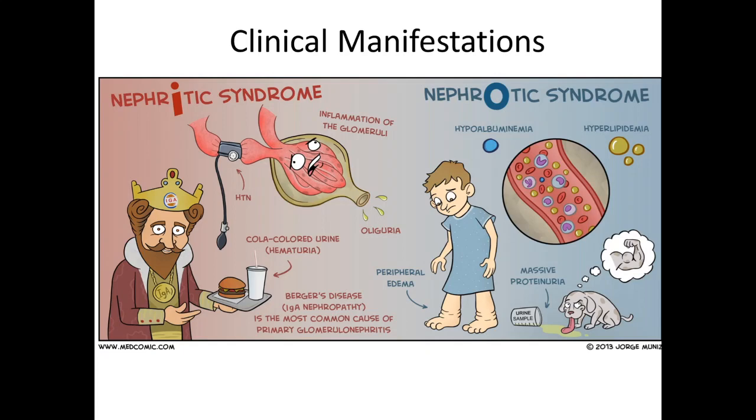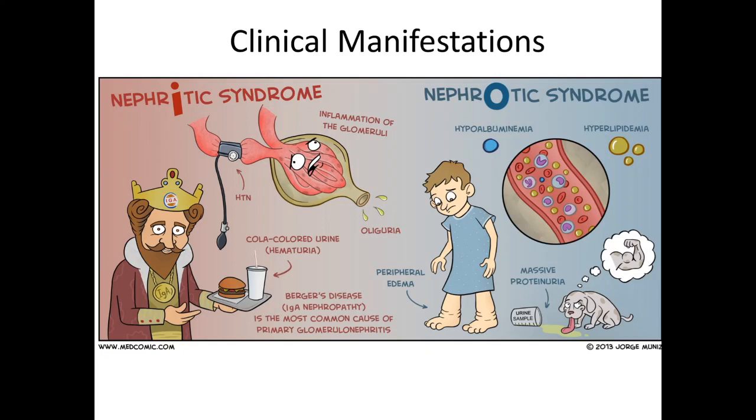And the concentration of other proteins in the plasma, such as immunoglobulins, clotting factors, and antithrombins, may fall in this patient, and thrombotic and thromboembolic complications come with this situation too.